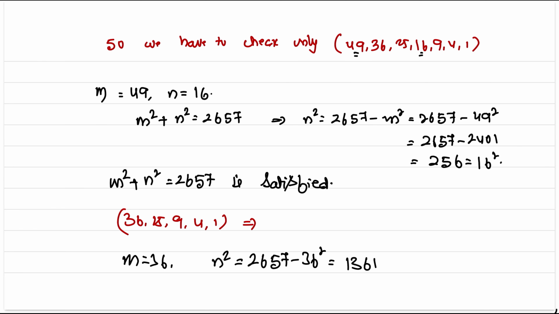It's not a perfect square. n square is not a perfect square. Hence, this answer is not possible. 36 is gone. Now 25. And afterwards, lesser values we need not see because we have already seen the higher values.